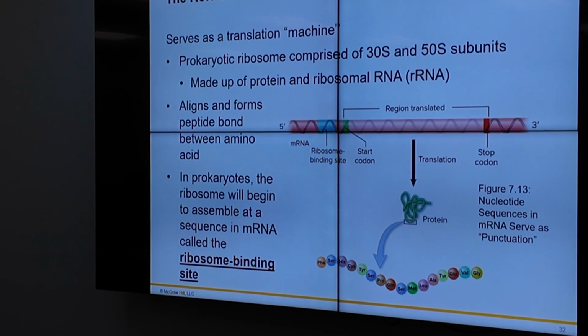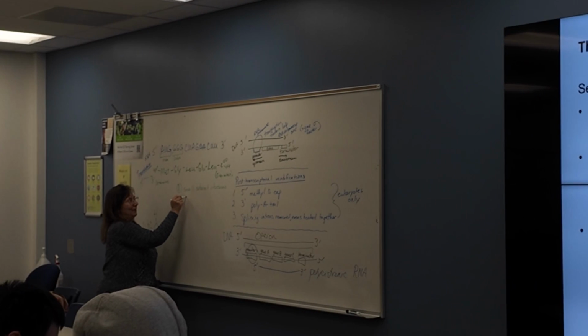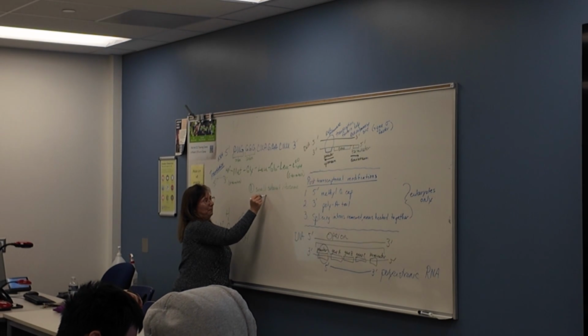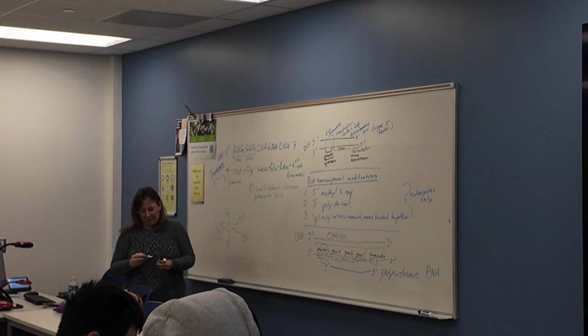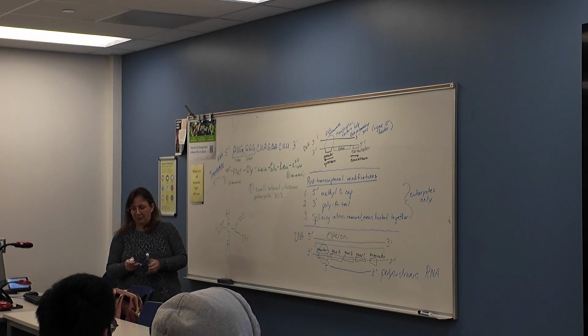Does anyone remember? You get the small subunit of the ribosome. The prokaryote has a 30S small subunit.